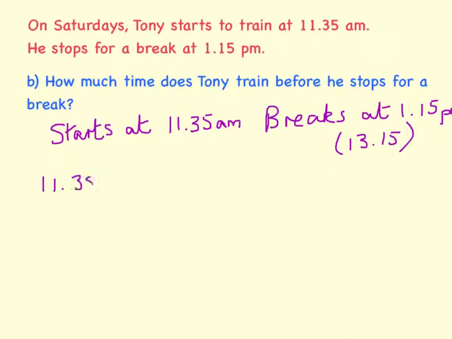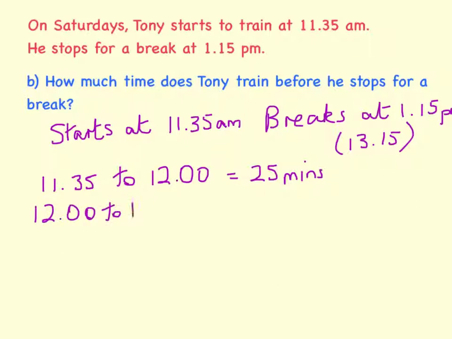11:35 to 12 o'clock, 12 noon, is 25 minutes. 12 noon to 1300 hours, or 1 o'clock, is 1 hour.